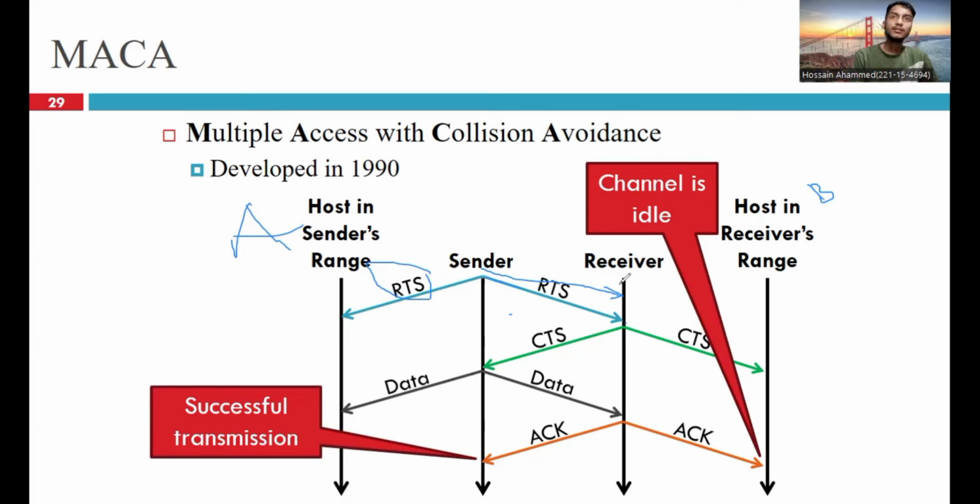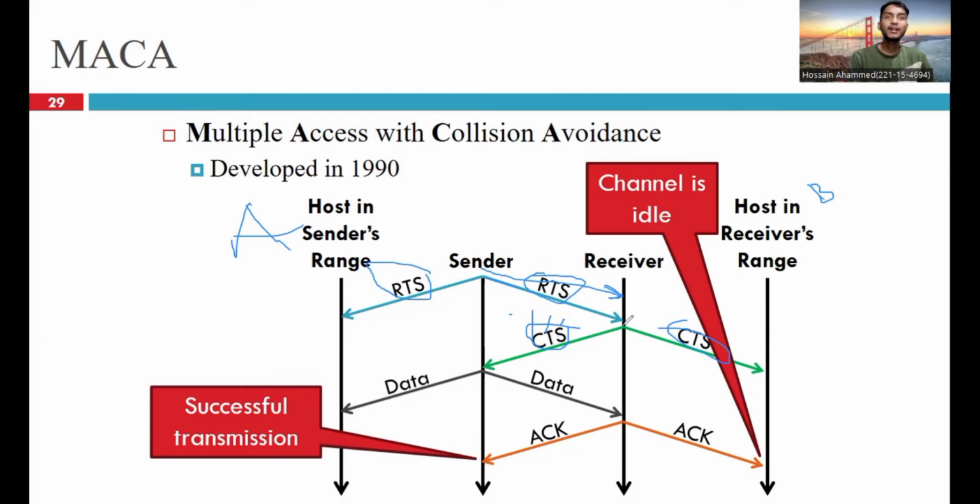After receiving the RTS message from the sender, the receiver device also returns a message to the sender device, called clear to send, in short CTS. That means clear to send.